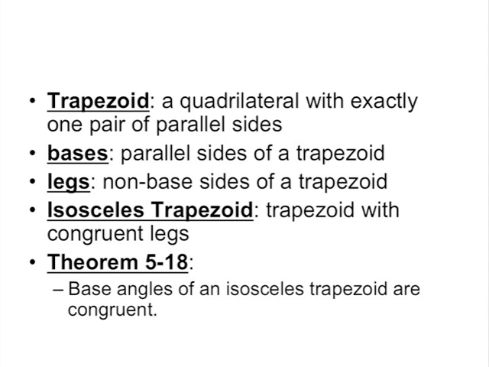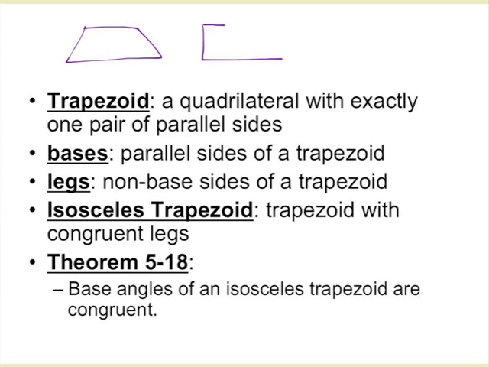Kind of our classic picture of a trapezoid looks something like this. But they can be standing straight up and down. You can have right angles inside of trapezoids. Okay.